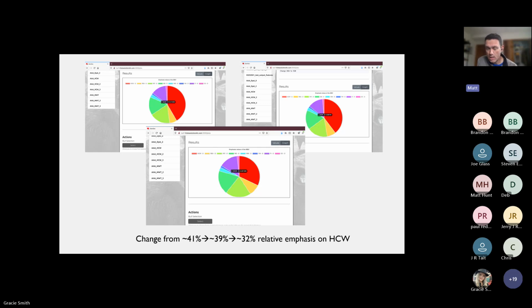And when hot carcass weight was the lowest, it accounted for about 41% of the emphasis in my breeding objective. But as I changed the average hot carcass weight to be larger and larger, meaning that the average got closer and closer to where there was a discount threshold, the relative emphasis of hot carcass weight became less and less.